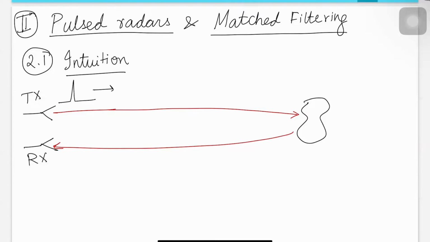Maybe I should draw it like this. It's delayed by some time t. So let's say this was where the original pulse was, and this is delayed by some time t.